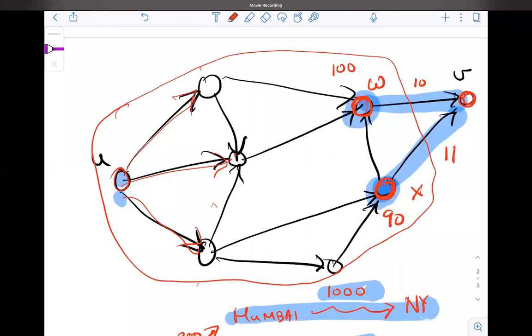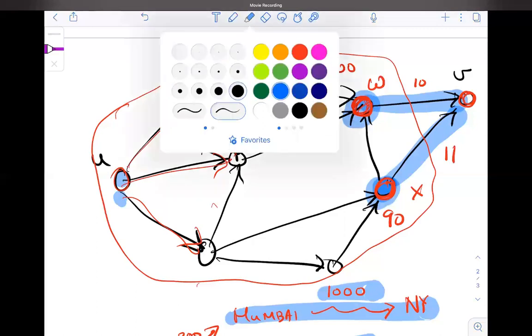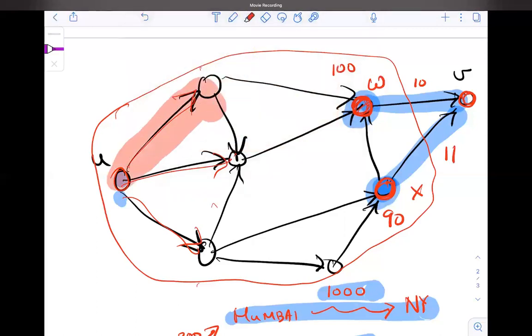So W, right here, is going to report to me that the minimum path from U to W, not going through V, forget V, but everything else is considered, is 100. So maybe there is a path like this, that's 100.